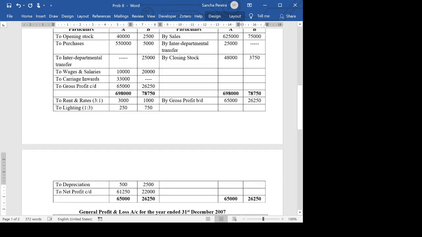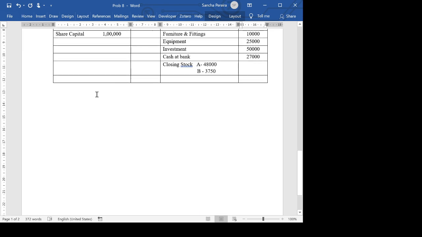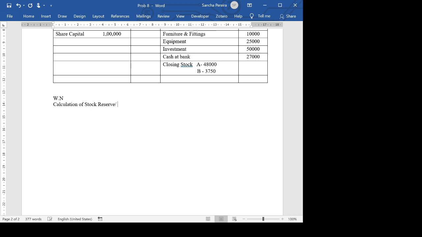So I'm going to prepare a working note here: calculation of stock reserve, also called provision for unrealized profit.